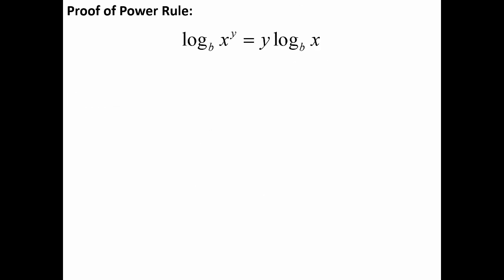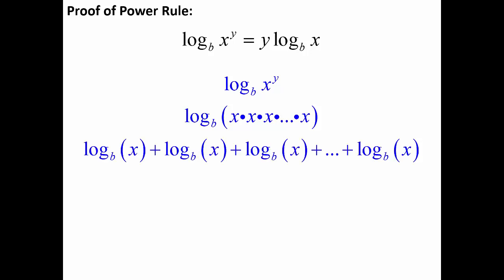Proof of that property, consider x to the y as x times x times x times x times x, a y number of times. I don't know how many x's there are. There are exactly y x's, so there's not an infinite number of x's, there's a finite number of x's that are being multiplied together. Now, using that product rule, that means I can break each of these individual x's into their own logarithms added together.